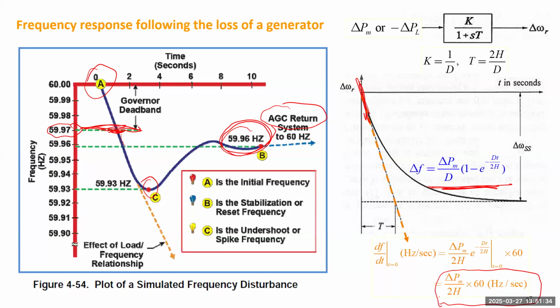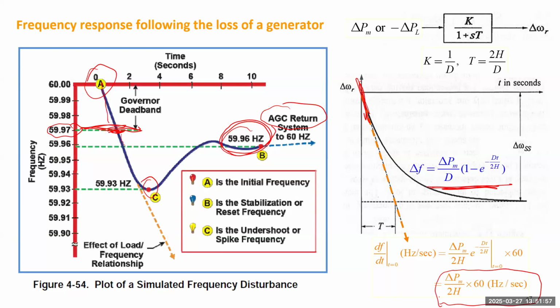So for instance, right now the 2H is the total inertia of the entire system, but what if we replace 50% of conventional generation by renewable? The inertia will become only half, right? The slope will be double.